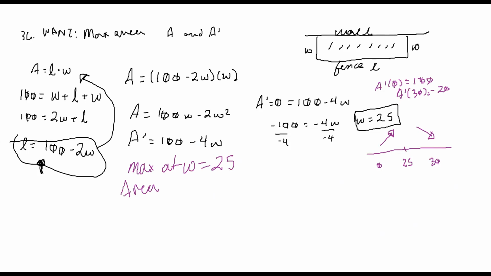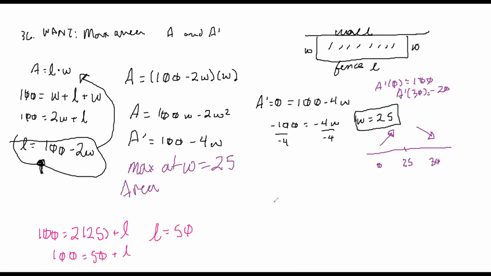So basically what I'm going to do is say W is equal to 25 when my area is maximized. So I have 100 is equal to 2 times 25 plus L. And then I solve for L. So this is 50 plus L. L is equal to 50. So my dimensions are going to look like this.